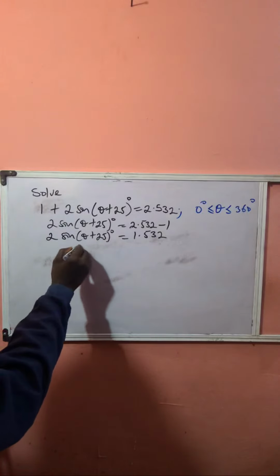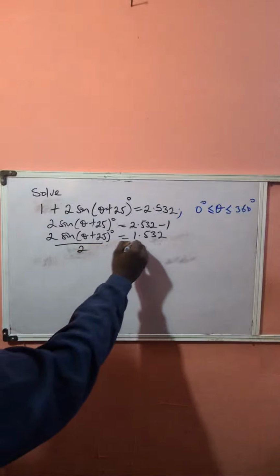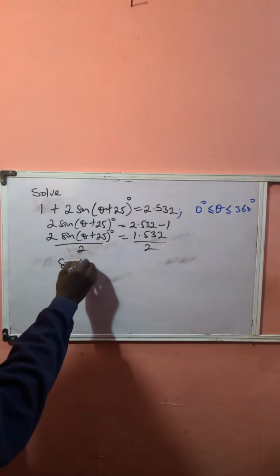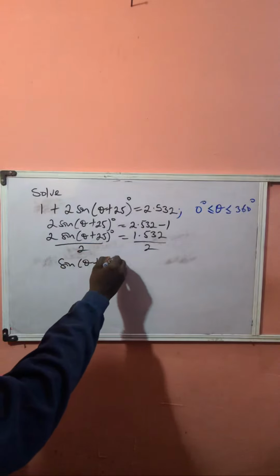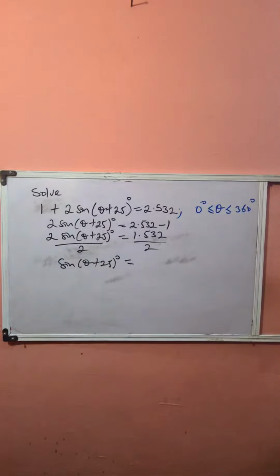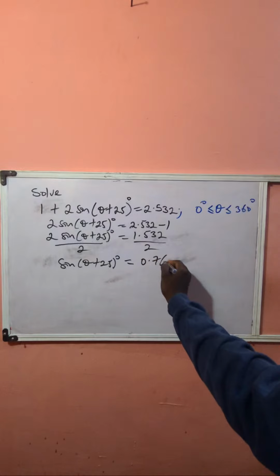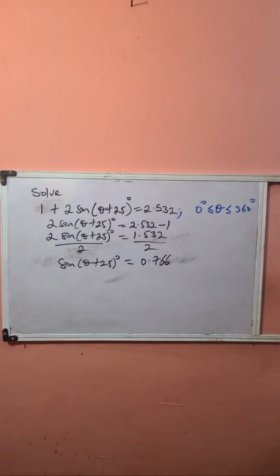So dividing both sides by 2, I'll have sine(theta plus 25 degree) equals, what is 1.532 divided by 2? We'll be having 0.766.